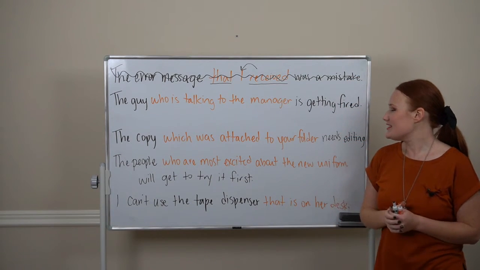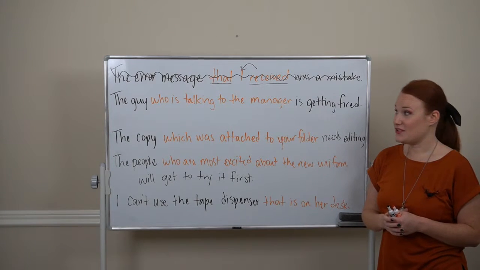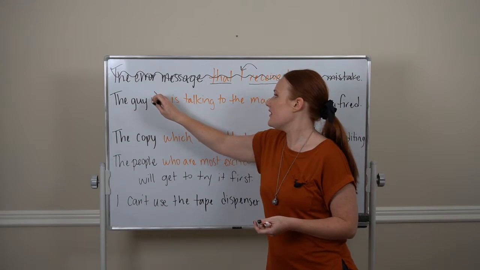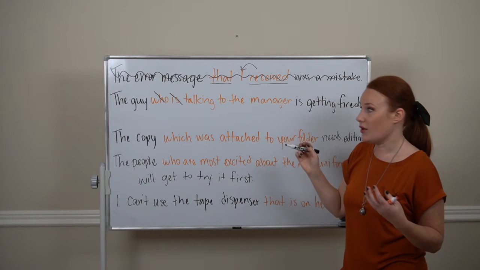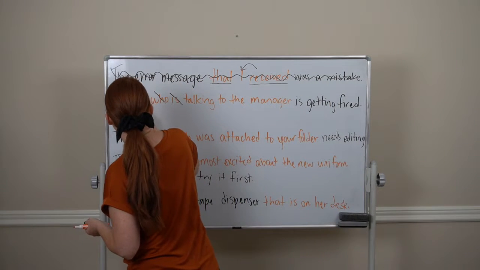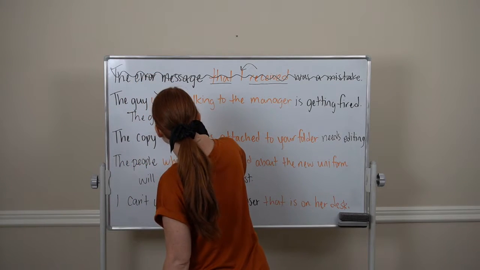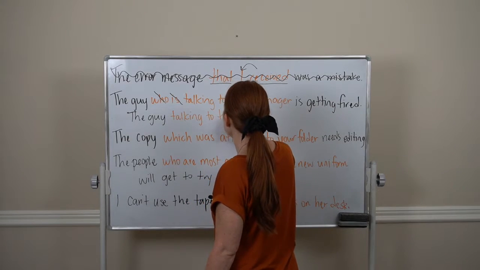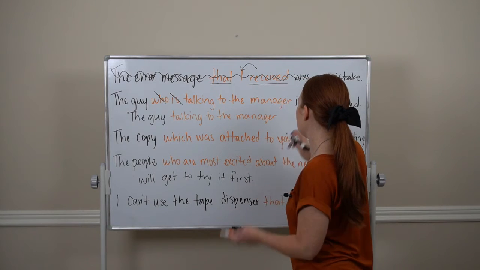Let's look at some sentences here that have relative clauses we can reduce. The guy who is talking to the manager is getting fired. We can reduce this relative clause. So I'm going to get rid of this word, and this word, and I'm good to go. It becomes the guy talking to the manager is getting fired.